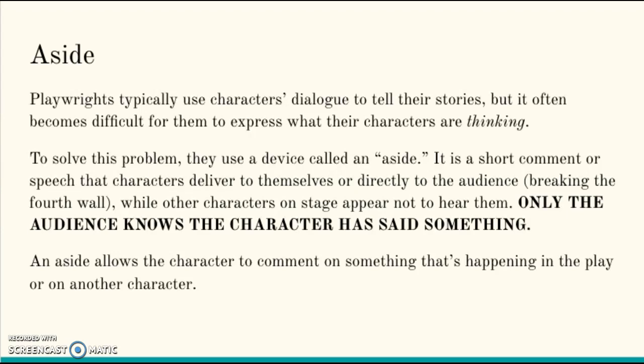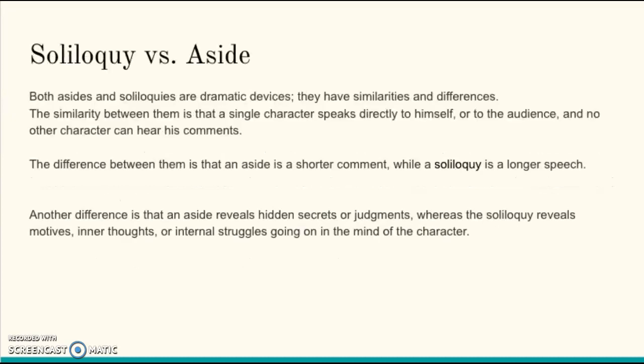Again, sometimes it's said directly to the audience, sometimes it's not. The character is like saying it to themselves, but the audience can hear it. So like a soliloquy, an aside is meant only for the audience to hear. And it allows the character to comment on what's happening with another character or what's happening in the play.